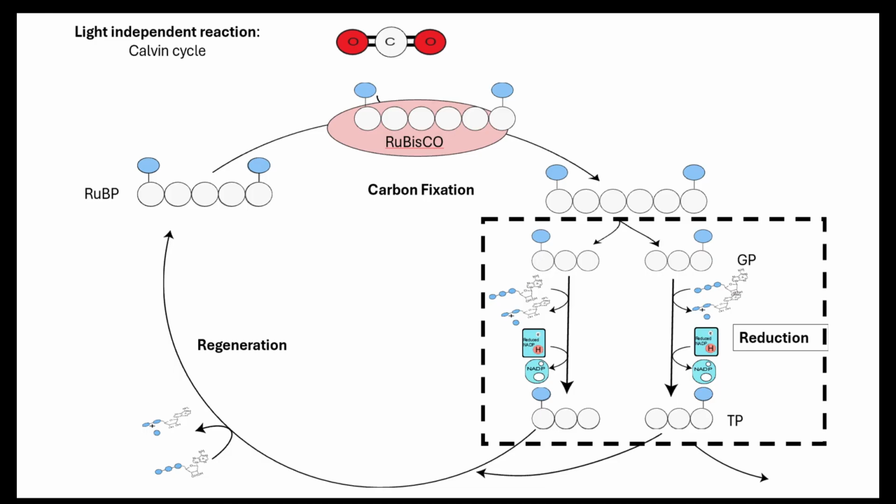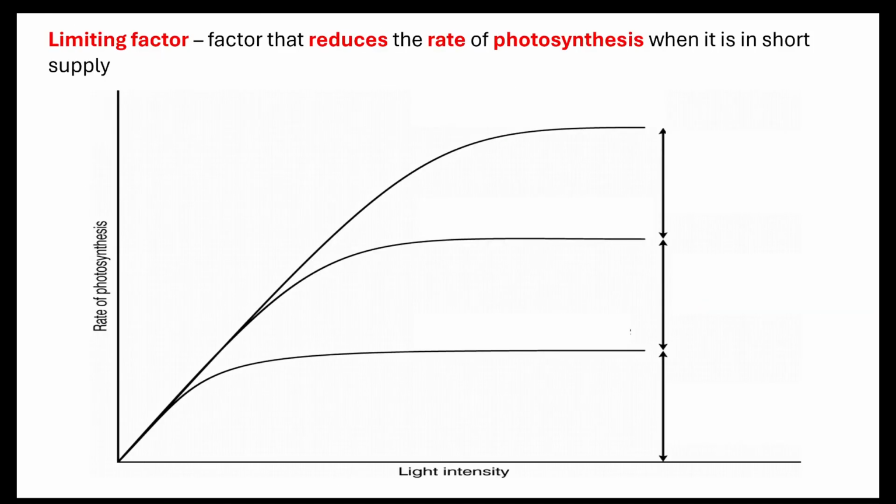The GP will then be converted into TP through a reduction process using those products from the light dependent reaction. One TP molecule can go off to become any of the other substances needed by the plant, and the rest need to be regenerated back into RuBP, and that requires ATP, which again is a product from the light dependent reaction.